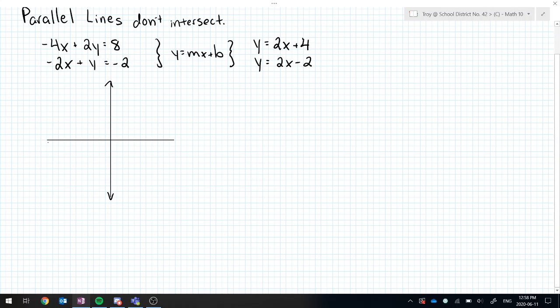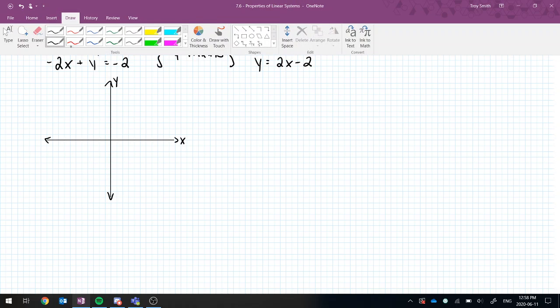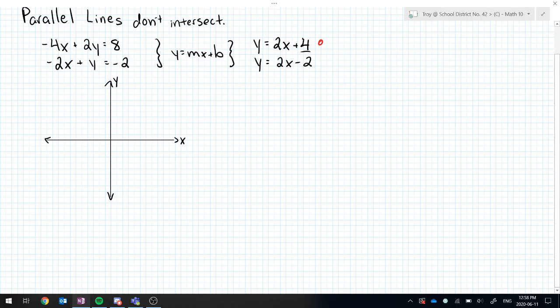Okay, so we got our graph here. Of course, as always, this is our x-axis, this is our y-axis. All right, so I'll do the first one in red. So it looks like this one has a y-intercept of 4, right? That's our b value right there. So I'll go up 1, 2, 3, 4.